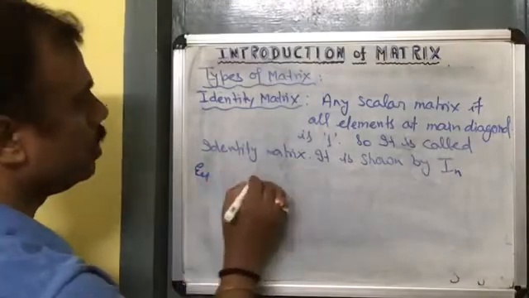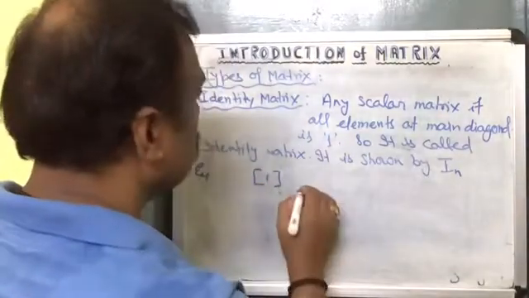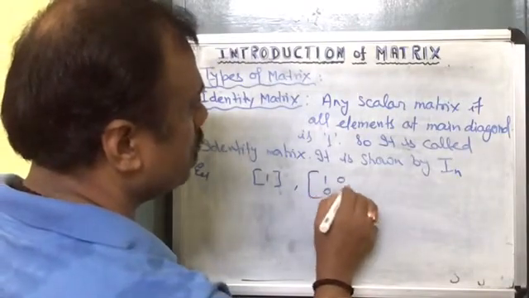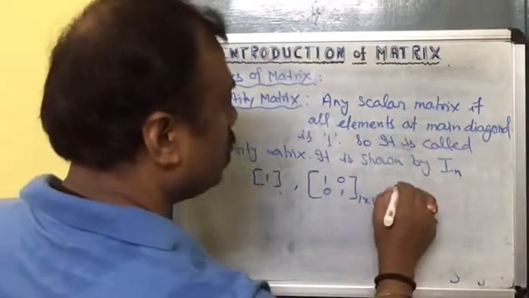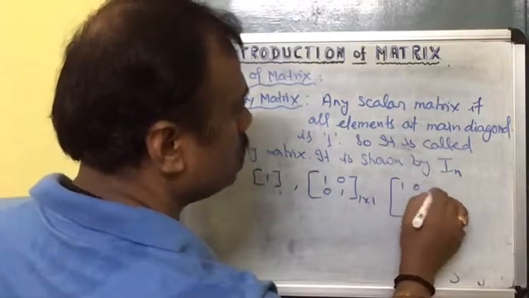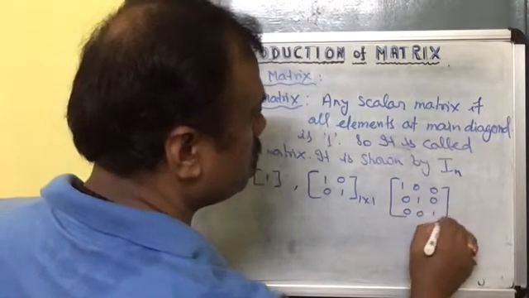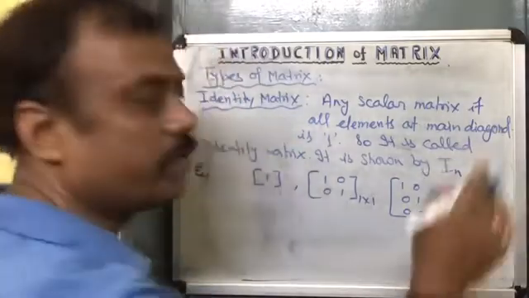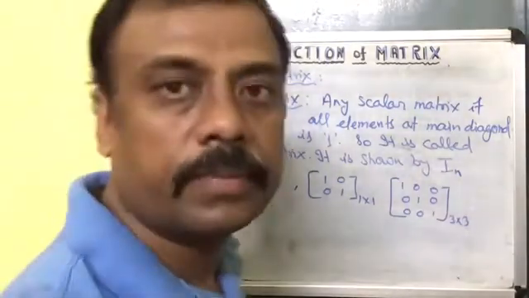Example, this is also an identity matrix: 1 0 0 1. Also an identity matrix: 1 0 0, 0 1 0, 0 0 1. This is also an identity matrix. In the same way we can define others.